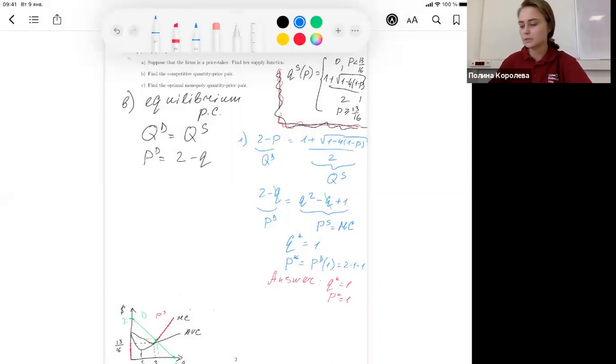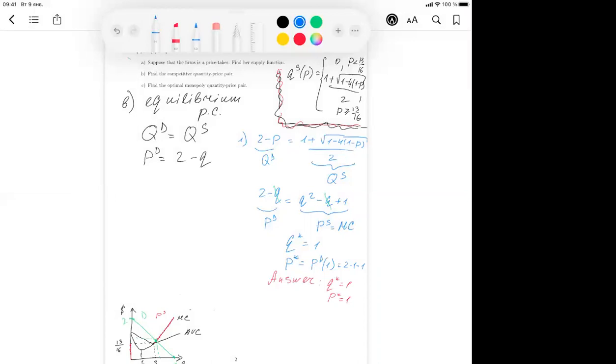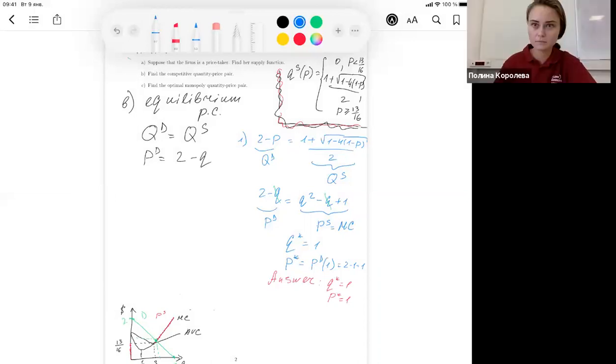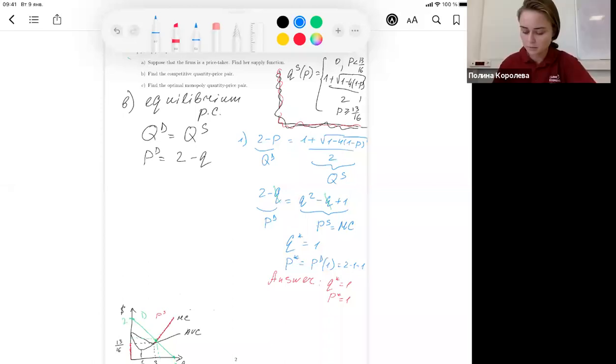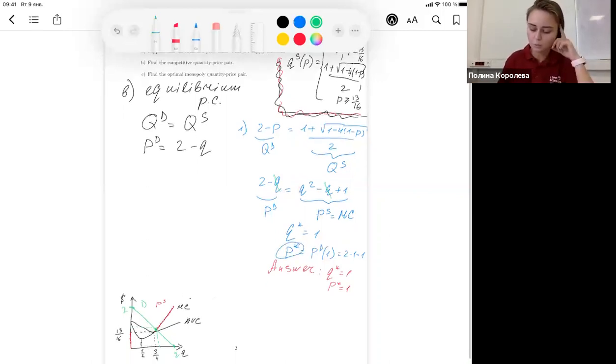So here, questions, please. How do we translate the competitive quantity and price? This one, yes, green. So we found the equilibrium quantity.